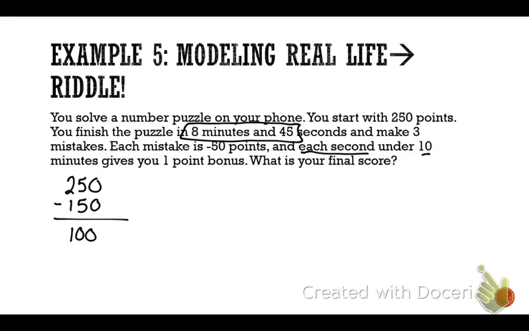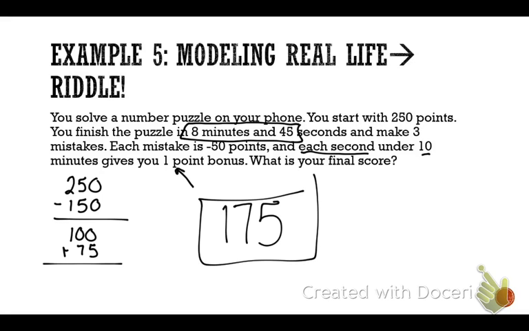75. So because I get 1 point bonus for every second, I'm going to add 75 bonus points to get, what's my magic number, guys? 175. Do you see? Okay, it's 175. So you had to count off your mistakes, but then you got bonus points because you finished quickly.